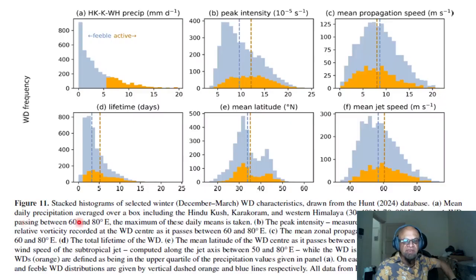Mean daily precipitation averaged over a box including the Hindu Kush, Karakoram and Western Himalaya. That's what is indicated here. For each WD passing between 60 and 80 degrees east, the maximum of these daily means is taken. So the distribution of rainfall frequencies in millimeters per day is shown.